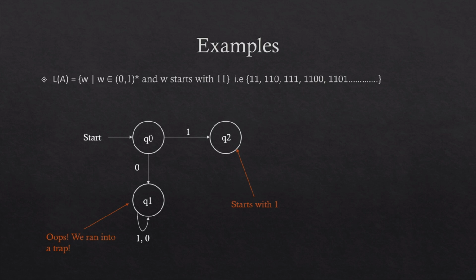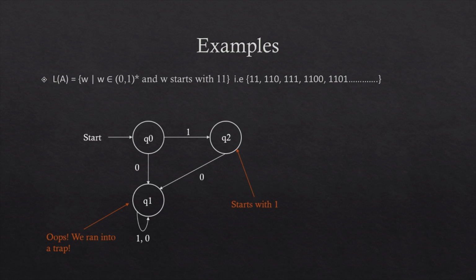Now, when we're at the state Q2 and the next symbol is 0, that means the second symbol in the string is 0. The string starts with the substring 1, 0. Again, the condition is violated. So, we trap it. So on Q2, if the next symbol is 0, the transition should be to the trap state Q1.